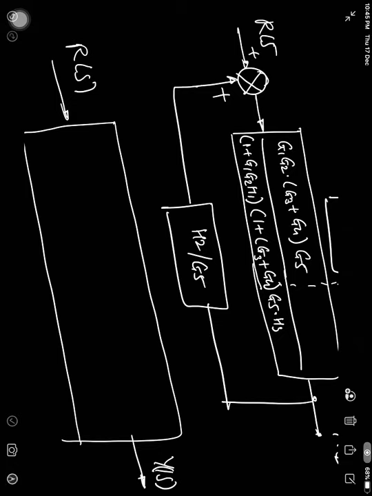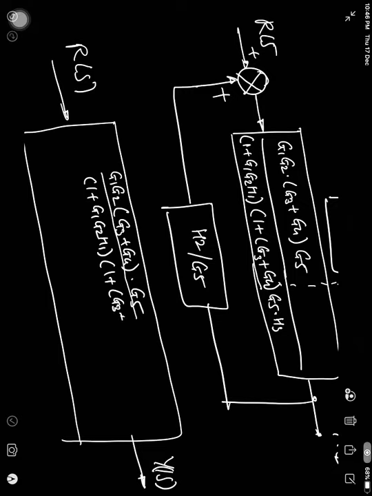As this is a closed loop system, this is a forward function G1 G2 G3 plus G4 into G5 as it is divided by 1 plus G1 G2 H1, 1 plus G3 plus G4 G5 H3.